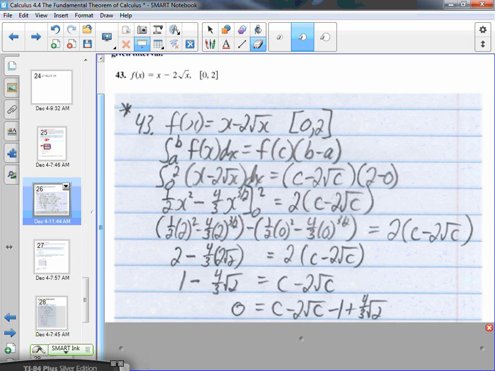All right, now, a couple reasons I did that. One, I can solve this on my calculator now. Two, believe it or not, I can solve that like a quadratic.